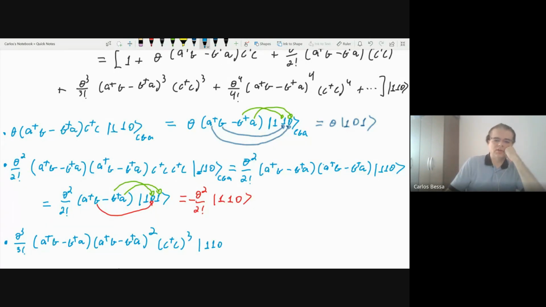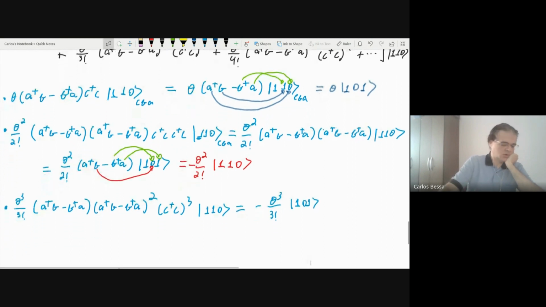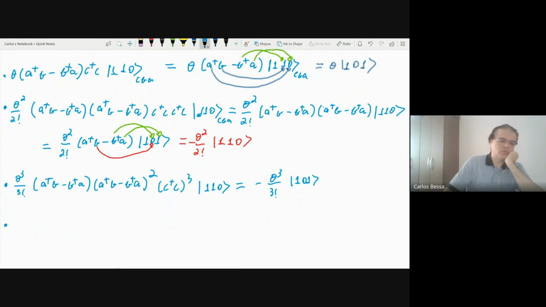So it's 1, 1, 0. So when you do that, the same idea gives us this result. And the other term, the expression theta to the 4 over 4 factorial. This will give us theta to the 4 over 4 factorial, 1, 1, 0.